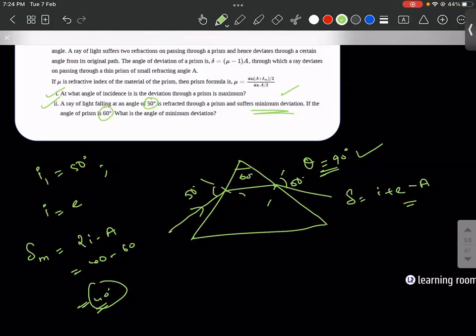It can take any value, right? How are you telling it 90? Maximum, all the angles are acute. Okay. Have you ever seen angles being greater than that?